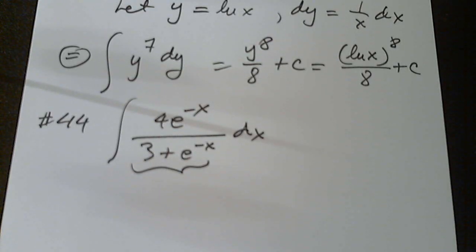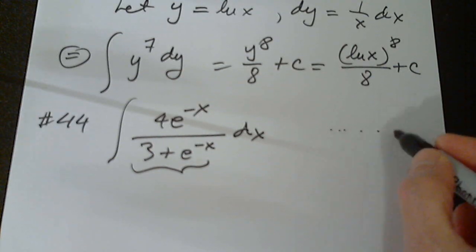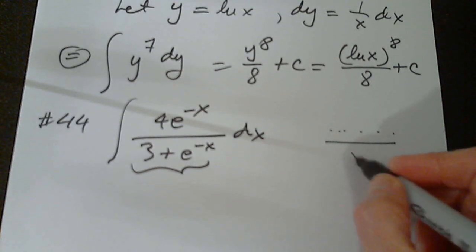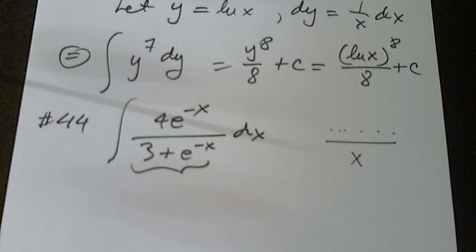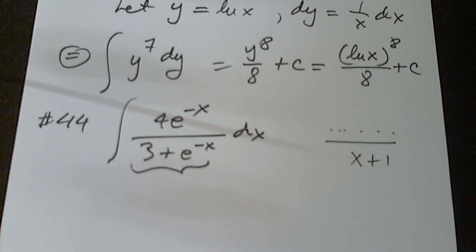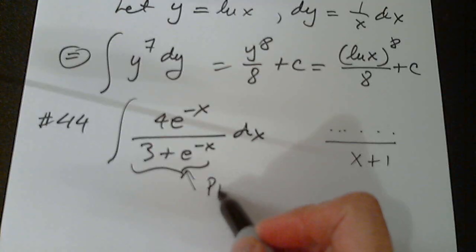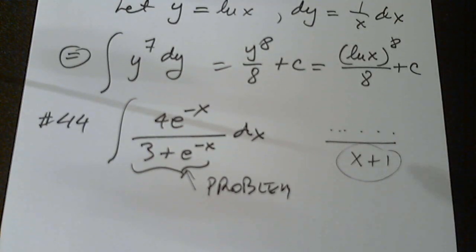This is the problem. Why? Every time I have, let's say, whatever polynomial divided by one term, I can always separate into fractions. I can simplify it somehow. But if I have x plus 1, I can't do that. So this is the problem, when the denominator has 2 or more terms.